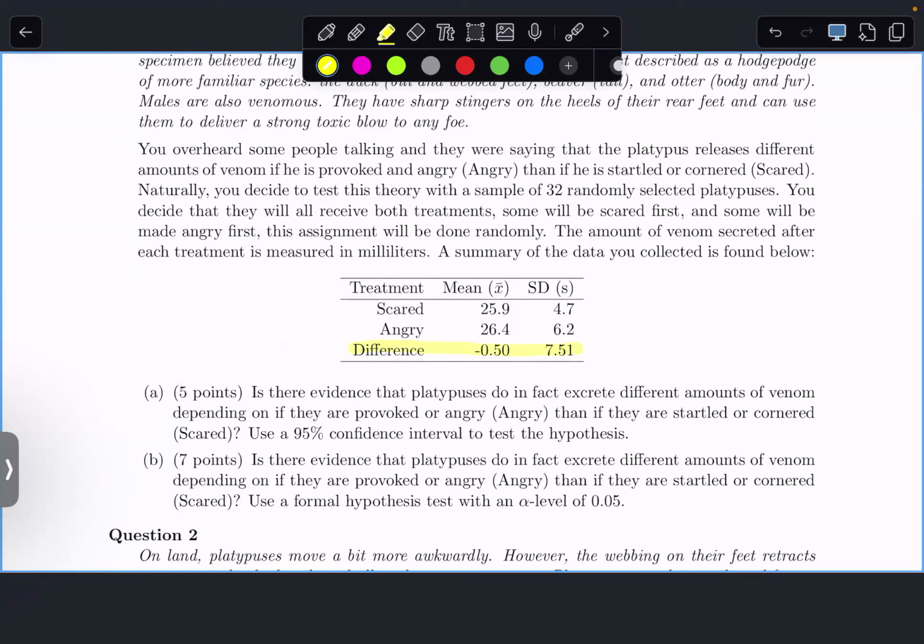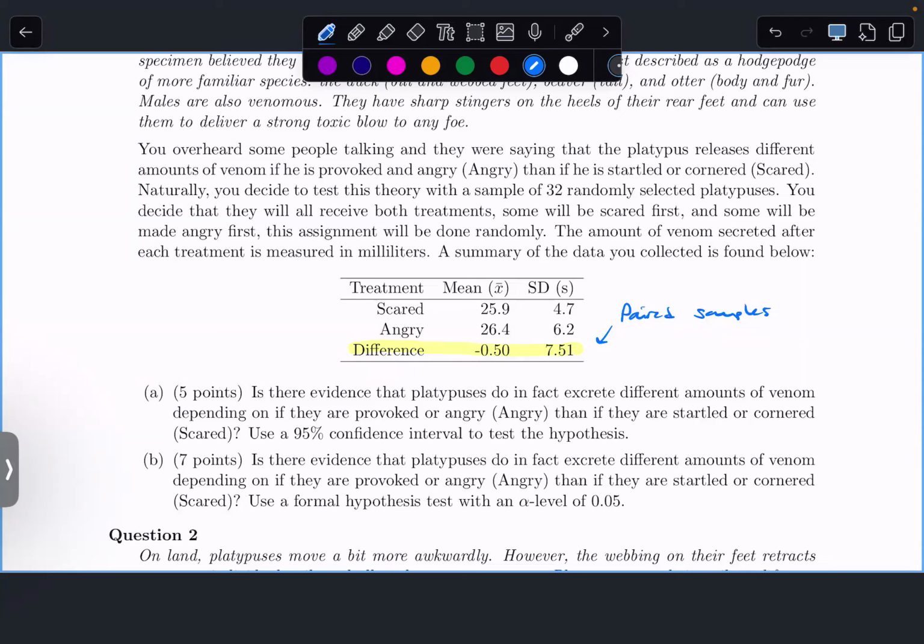And so this is paired samples, or matched pairs. I like to call it matched pairs or paired samples. What do I call it on here? Paired data or matched pairs or paired samples, I guess.